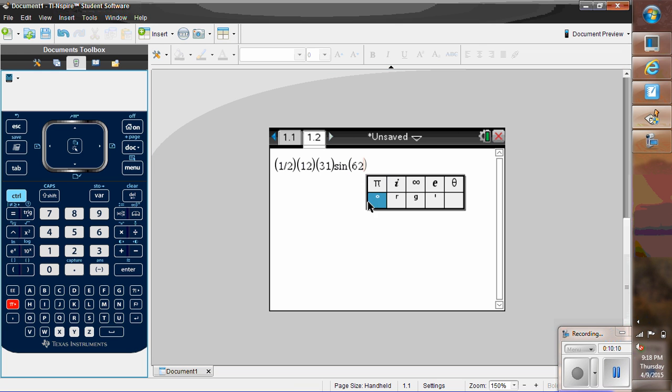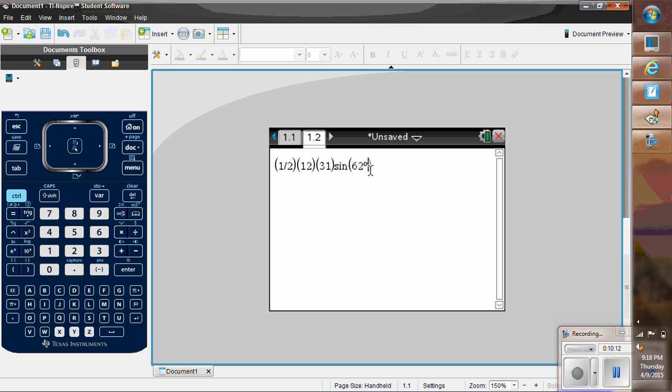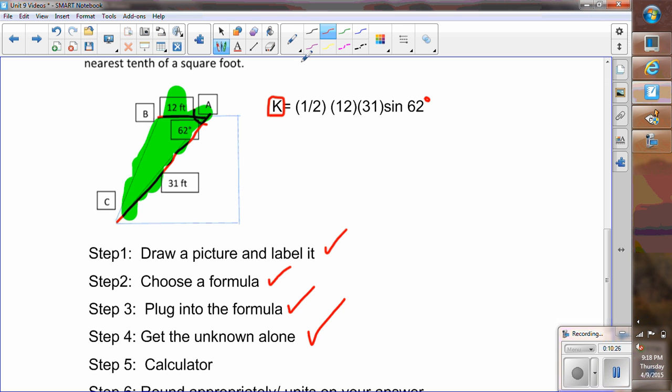And type it all straight out, because I don't need to worry about if I'm in radians or degrees if I use the degree symbol. I will need to worry about this for another purpose, but right now, just plug it in, hit enter, I get 164.228. So then I go back over to my problem.